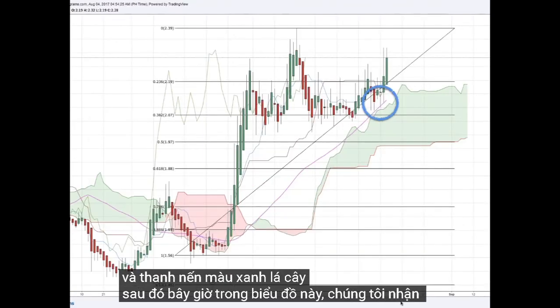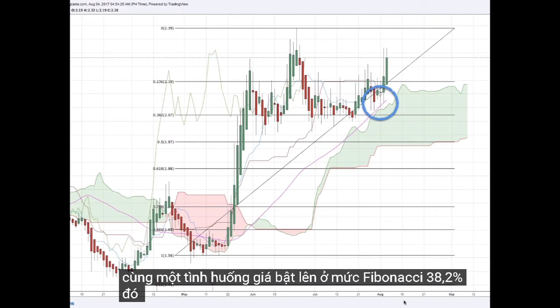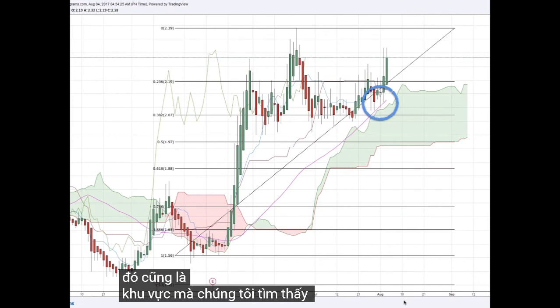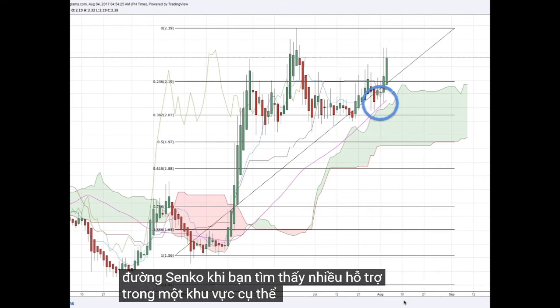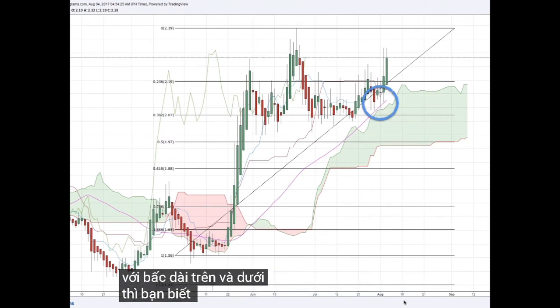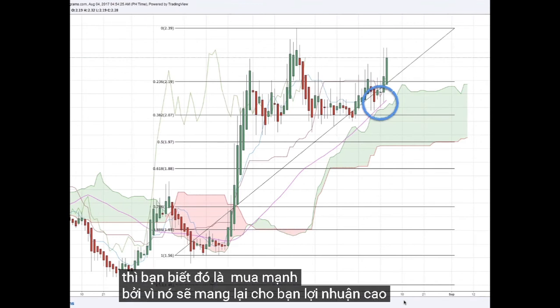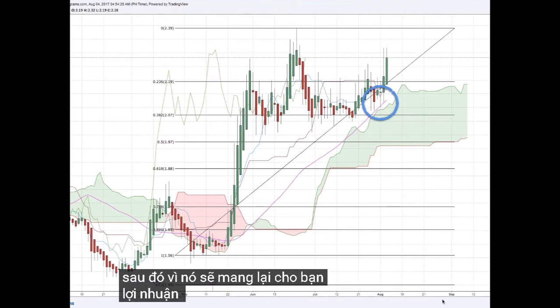Now in this chart, we find the same situation. Price bounced off the 38.2% Fibonacci level. It was also the same area where we find SMA 50 and the Senkou A line. When you find a lot of supports in a particular area and at the same time you find a small-bodied Heikin Ashi candlestick with long upper and lower wicks, then you know it's a strong buy because it will give you strong profits afterwards.